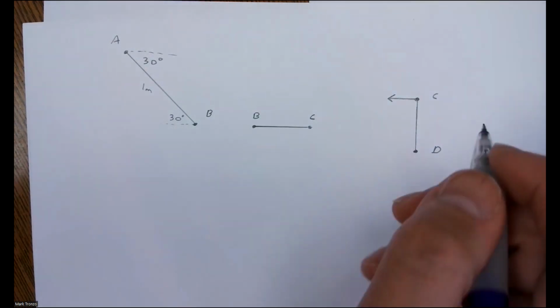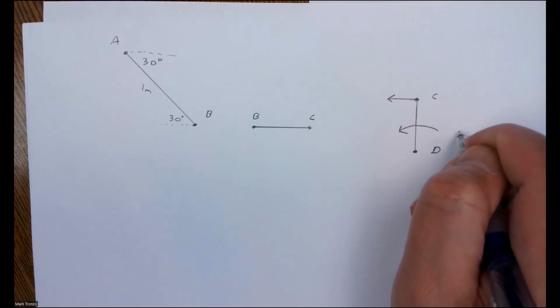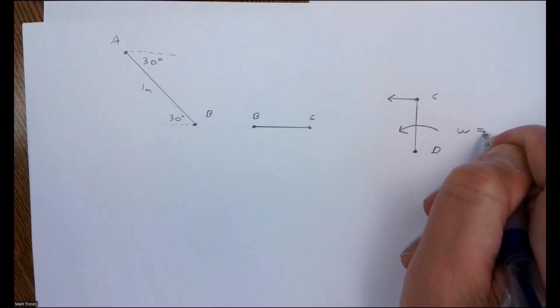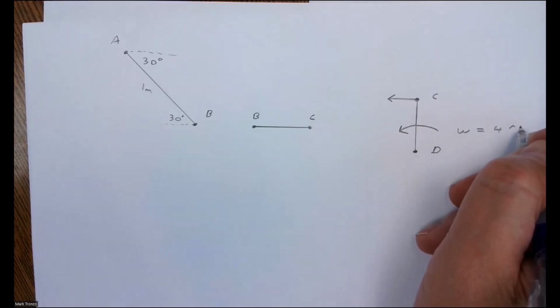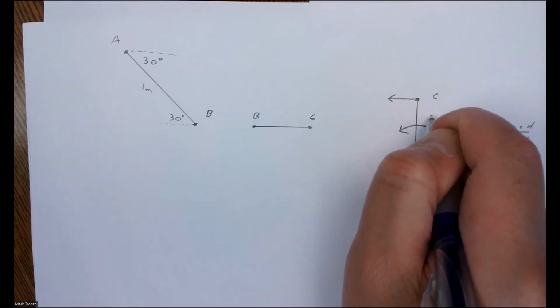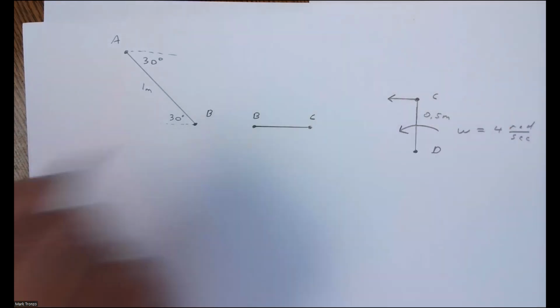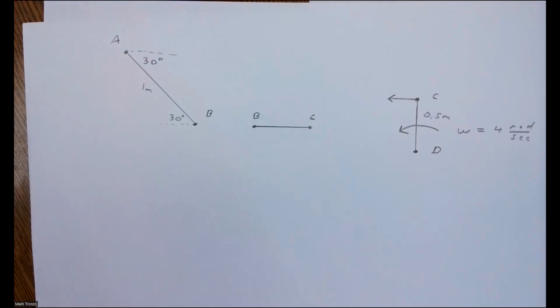Now, we do know that CD is rotating at 4 radians per second. And we also know that its length is 0.5 meters. So we can maybe use this to do some calculations.